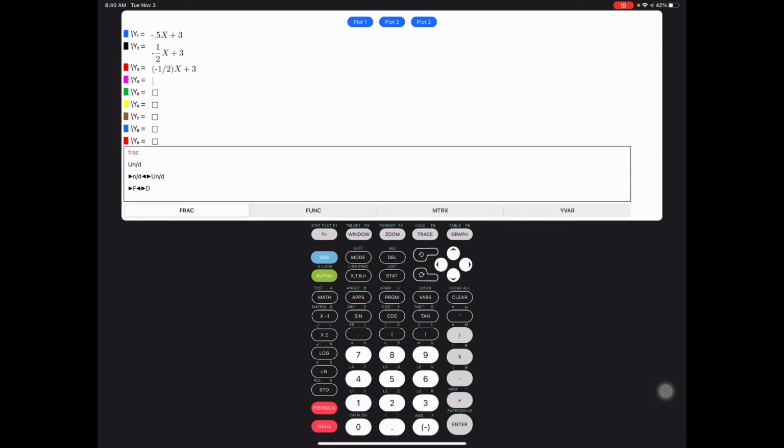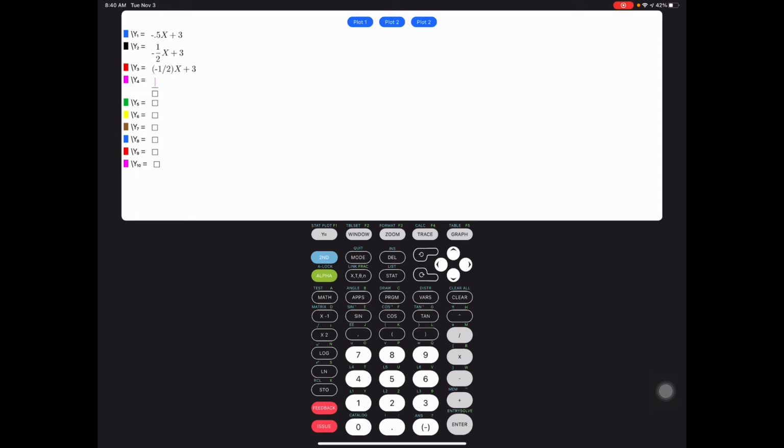Alpha Y equals is the button you want to hit so that now you can pick fraction, which will turn that into a fraction. When we're discussing the area to the left, you see I can go over with the arrow and highlight that and change the color if I'd like. Those of you with the older calculator can hit enter and change the type of line.